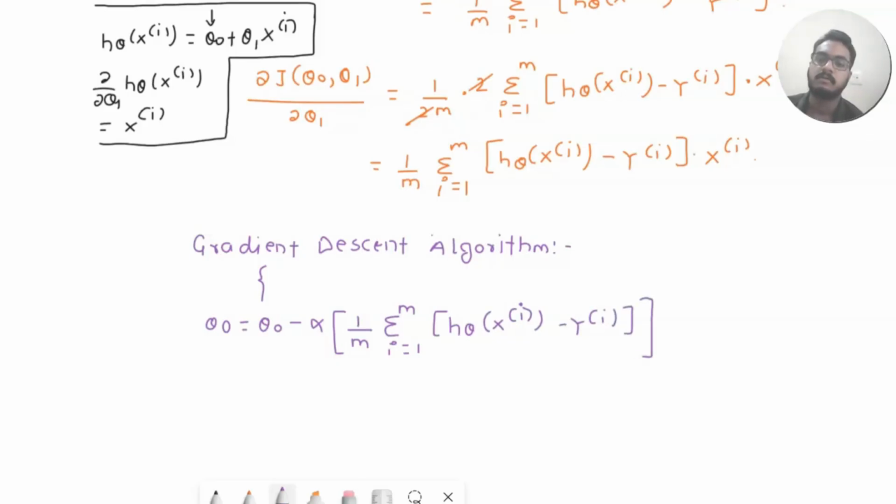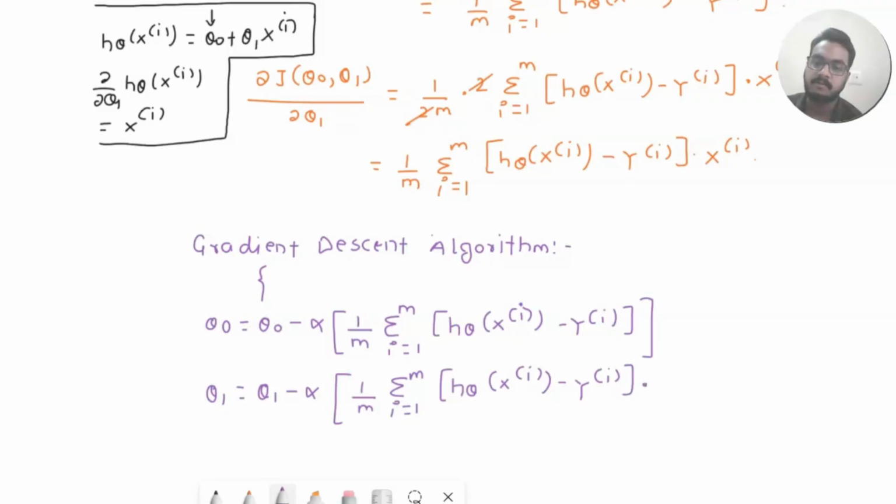This is theta 0, and how is theta 1 updated? It will be theta 1 minus alpha times 1 over m summation i going from 1 to m of h theta of xi minus yi multiplied by xi.